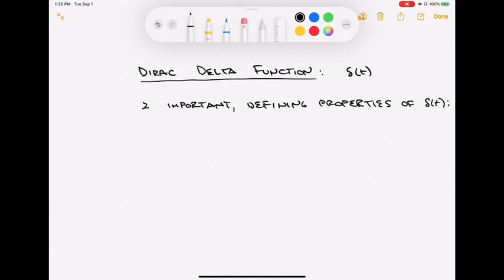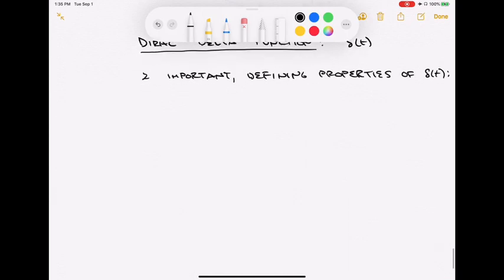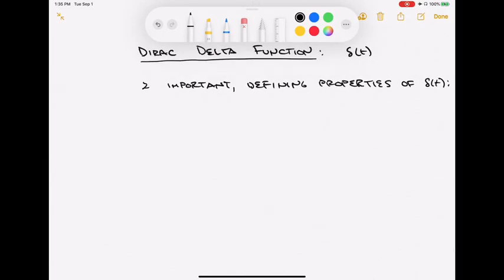It's very useful for us. But a delta function is not something you could realize with a physical signal. You could not make this delta t as a voltage, as an example.